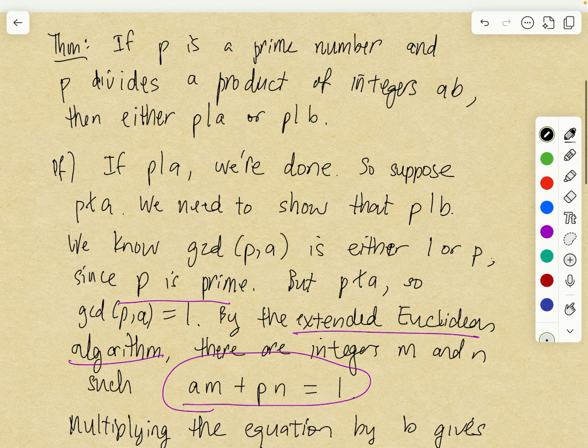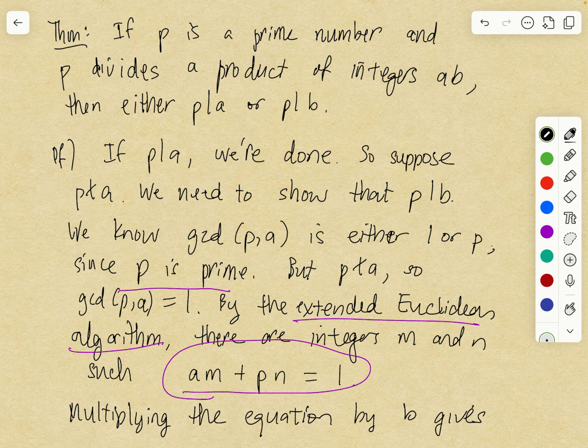In fact, this theorem is used as inspiration, or motivation, for the definition of a prime ideal in ring theory. If you take a class on abstract algebra and you learn about commutative rings, there's this object called a prime ideal. The definition of a prime ideal is motivated by this fact about prime numbers.